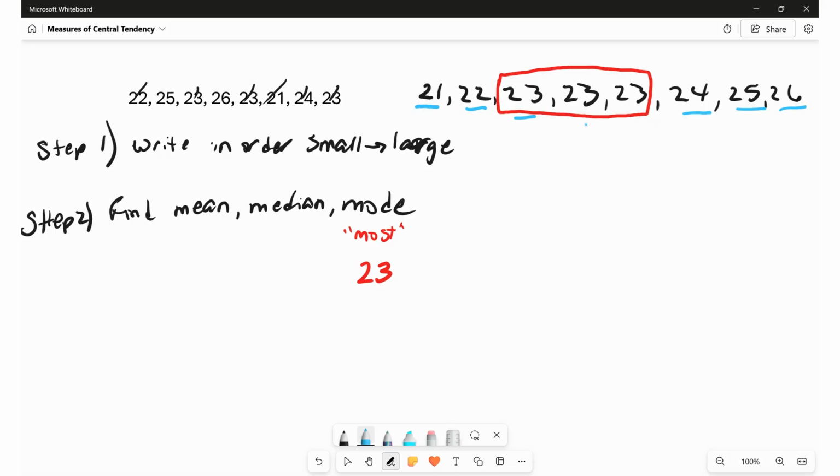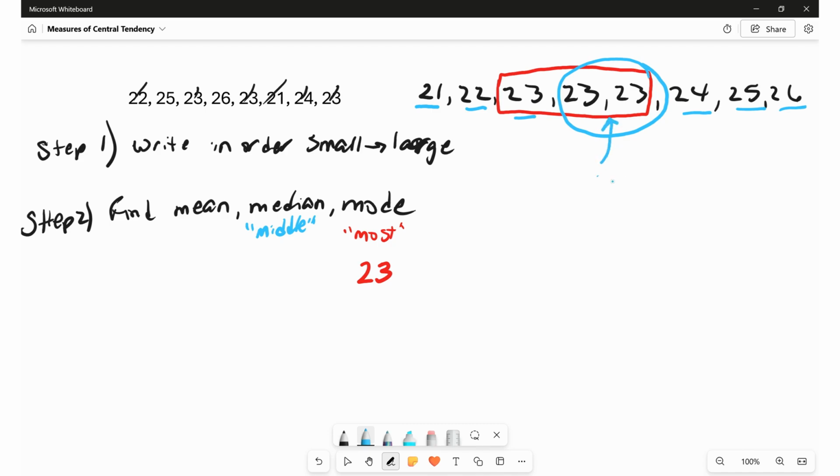And now what I'm left with are these two values here, because remember that median is in the middle. When we have two values in the middle, we need to find whatever number is right in between them.